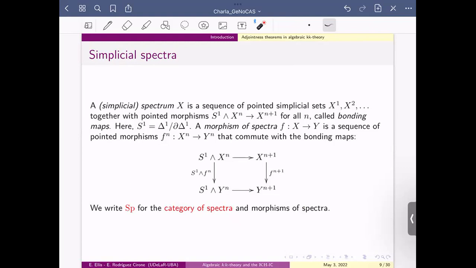A simplicial spectrum is a sequence of simplicial sets together with morphisms from each simplicial set to the next one. These morphisms are called bonding maps, and the morphisms in the category of spectra are sequences of morphisms of simplicial sets such that they behave well with the bonding maps. That means that this diagram commutes.